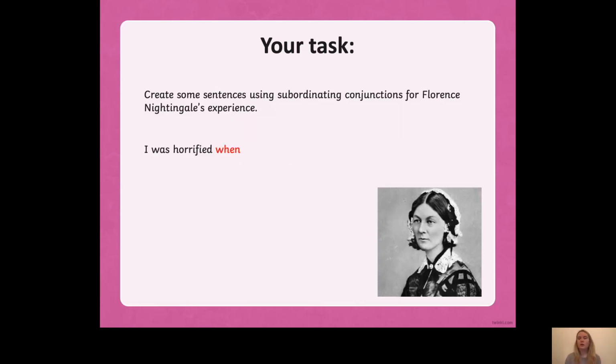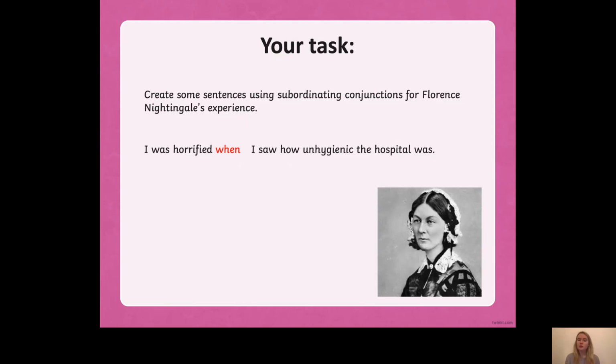So I was horrified because I'm talking in the first person, because in my letter I'm going to be Florence Nightingale. I was horrified when... was Florence Nightingale horrified? When she saw the hospital, didn't she? So I was horrified when I saw how unhygienic the hospital was. There we go. You could also say I was horrified after I saw how unhygienic the hospital was.